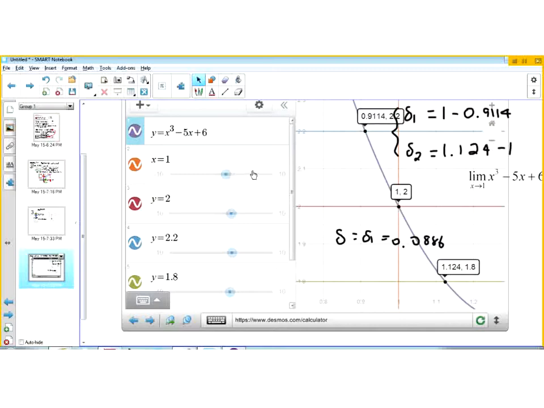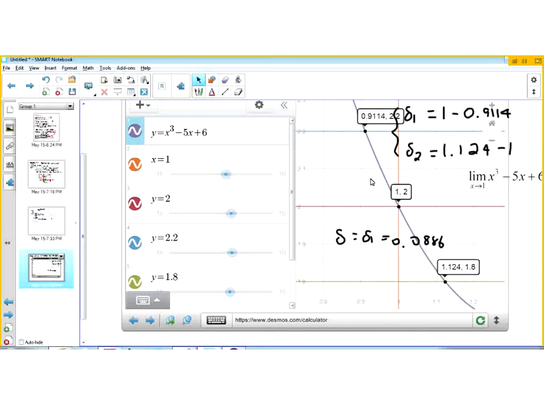All right, so this isn't really a proof. It's just a specific example. We need to find a delta that works for all positive epsilon. So to generalize this problem, to show that the limit as x approaches 1 of f of x is equal to 2, we need to do this for every positive epsilon.